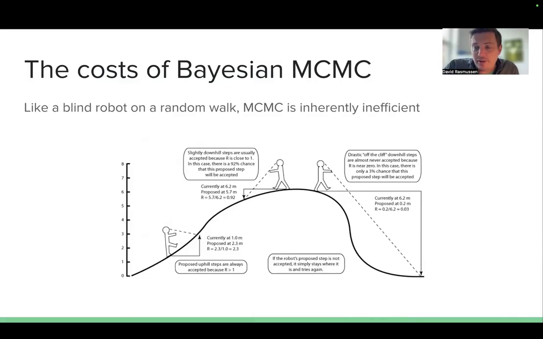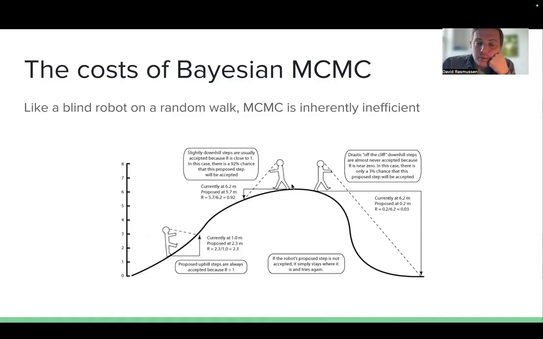But there's the trade-off, right? The larger we allow the proposals to be, the higher probability those larger proposals are going to move this robot right off of the peak of parameters or trees with high posterior probability. So most of those aggressive proposals are going to be rejected.